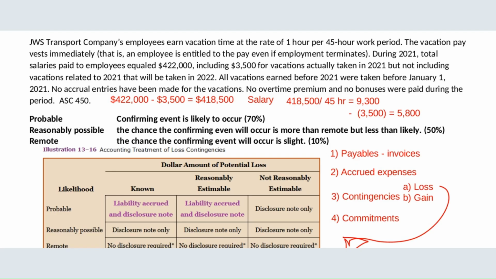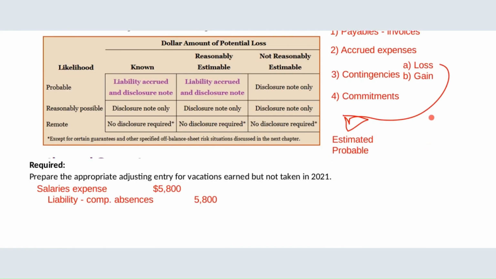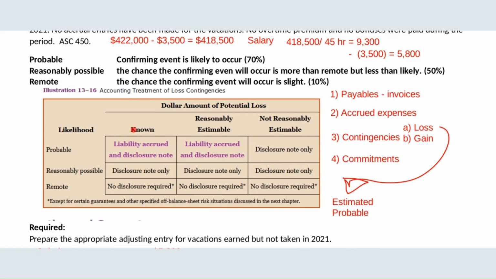They also talk about payroll tax liabilities. We're going to leave that aside for this exam, and we'll just concentrate on the accrual of compensated absences for now. And the warranty is what we're going to be looking at next, I believe.